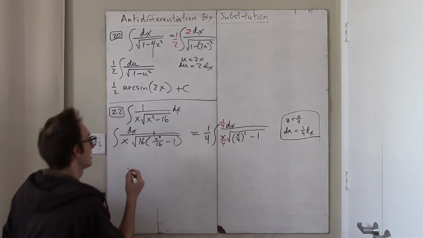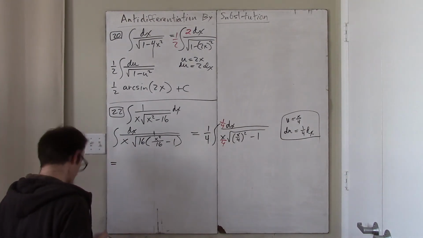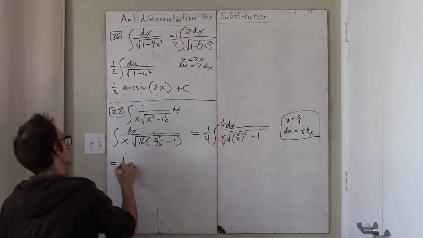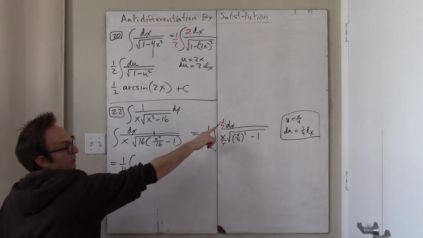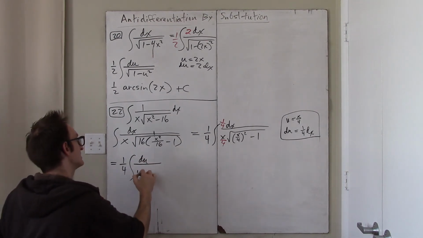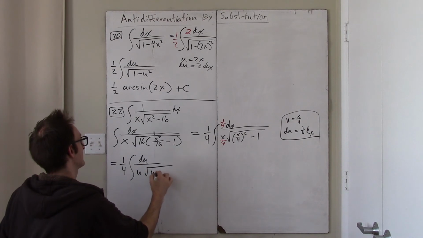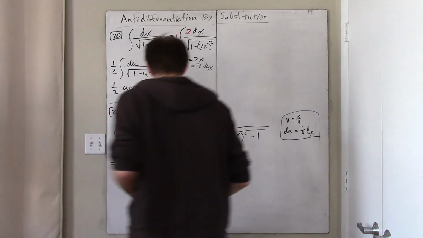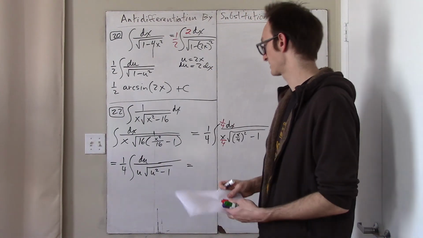And that's why this turns into 1/4. The numerator is just du, algebra kind of speaks for itself. And then this is u root u squared minus 1. And you sort of can't go wrong if you take it all the way down to the end. What is that?